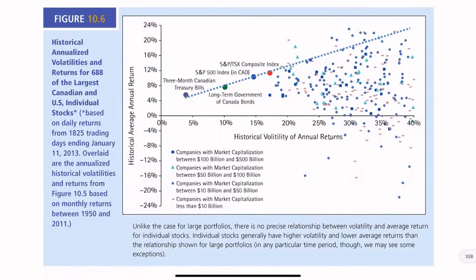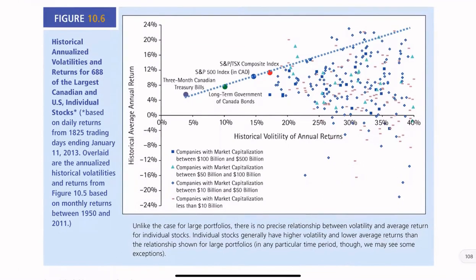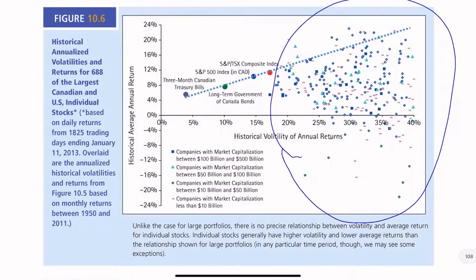Now, let's add individual firms' return and volatility onto this picture. So here you can see that you have a lot of dots, right? These smaller dots are individual firms.